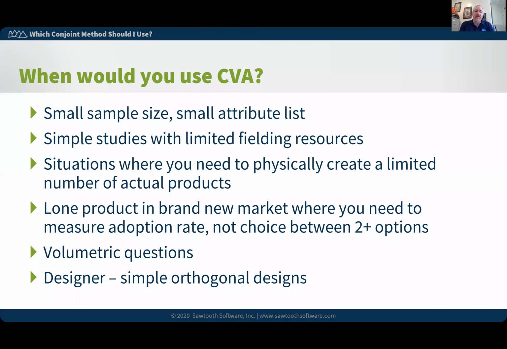So if you've got a small sample size and a small attribute list, one of the nice things about CVA is that I can build a model with just one respondent, right?